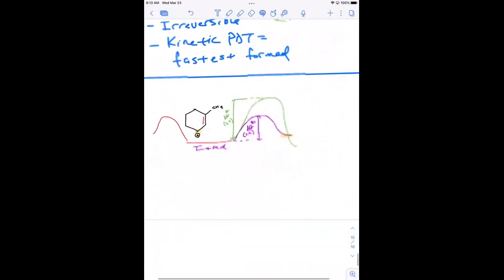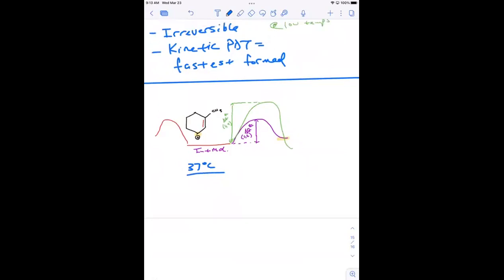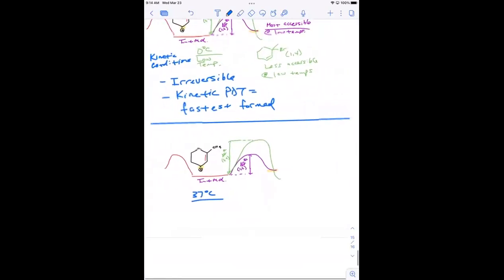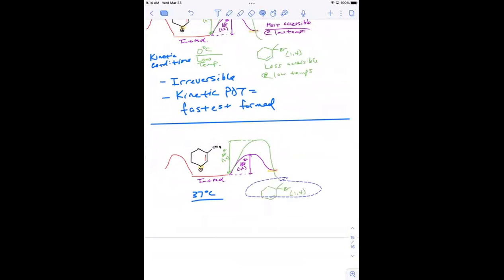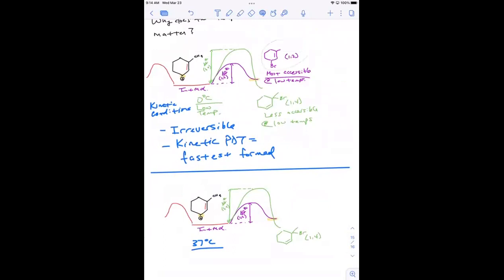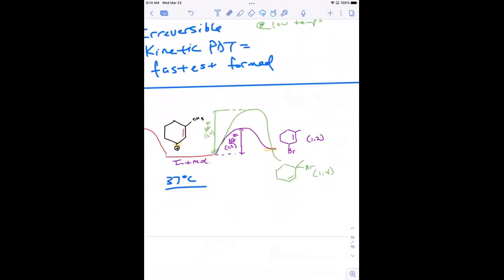So we're gonna run the reaction, but in this case, we're gonna do it at 37 degrees. So at 37 degrees, that's the 1,4 product, and then this is the 1,2 product. But at 37 degrees, we expect this product to be favored.